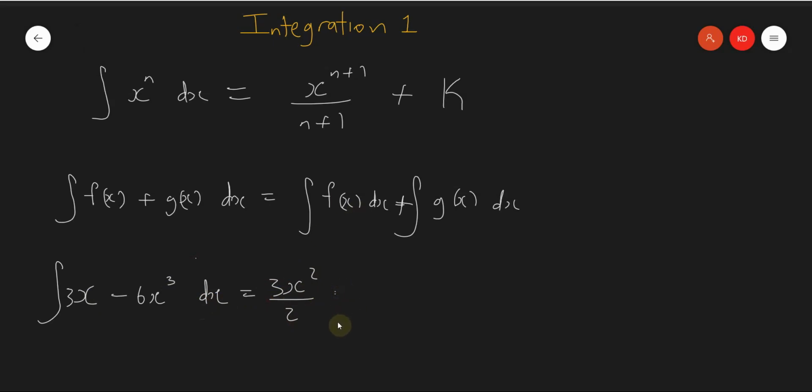So if we integrate negative 6x cubed, we're supposed to get negative 6x to the 4th power over 4. Great. And of course we can simplify this improper fraction here, so that would be 3x to the 4th over 2. That's if you really want to simplify that.